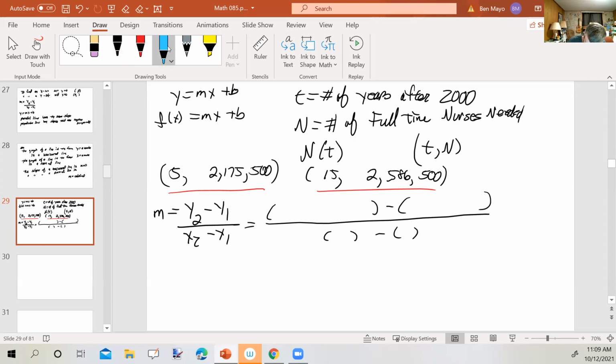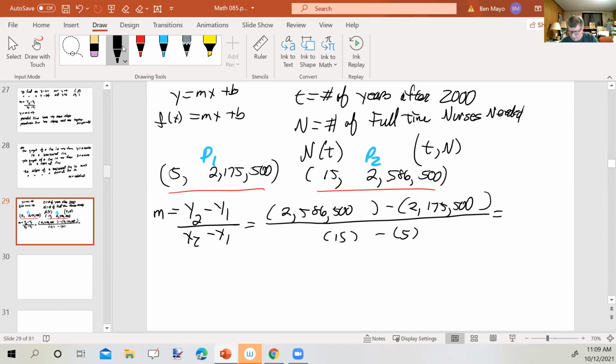I'll call this point 1 and this point 2. Y sub 2 is 2,586,500. Y sub 1 is 2,175,500. X sub 2 is 15. X sub 1 is 5.